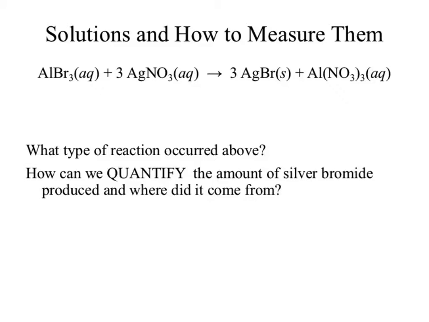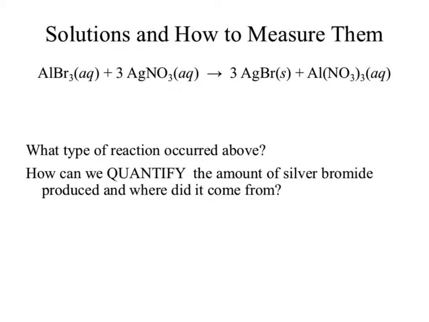Okay, so I go into the lab and I pour out my aluminum bromide on my mole measuring device and it tells me the moles. It tells me grams. Am I actually going to be measuring grams for aluminum bromide? You'd probably be doing kilograms.